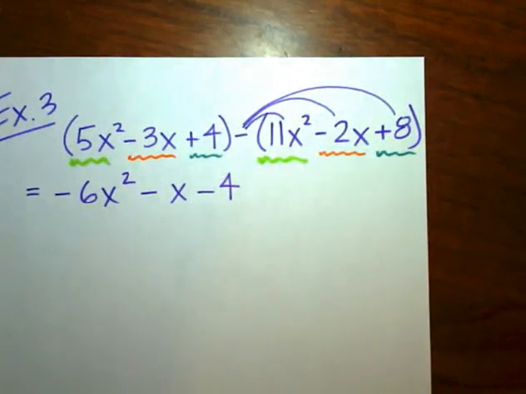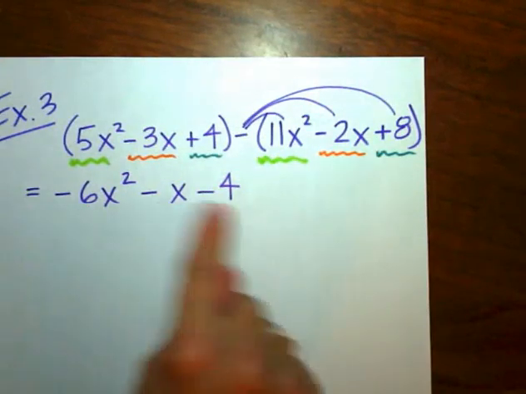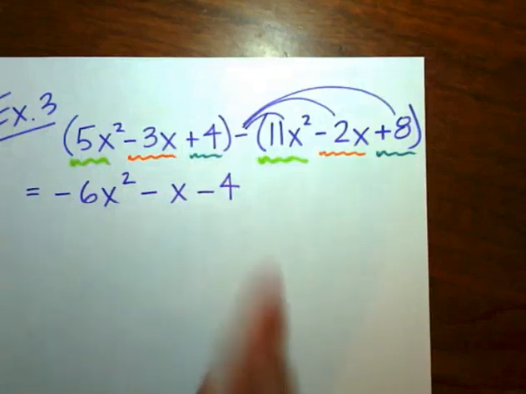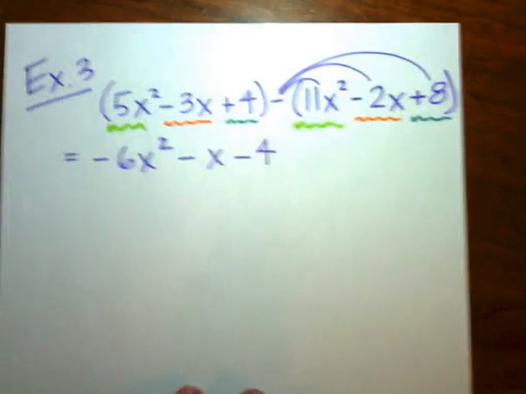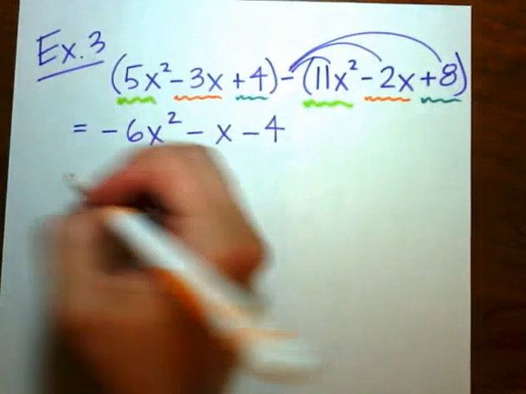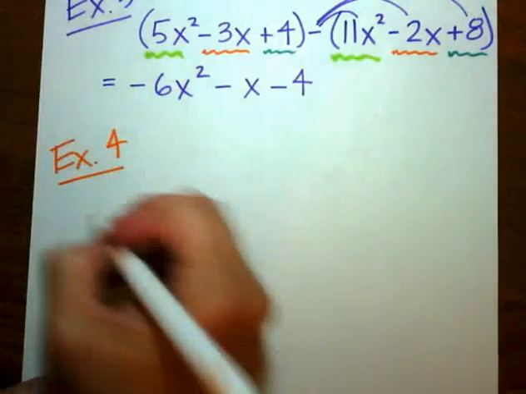So in the end, all that you have left, all of these should be unlike terms, because if they were like terms, you should have already put them together. All right, so let's try one more that has more than, let's see, example 4.